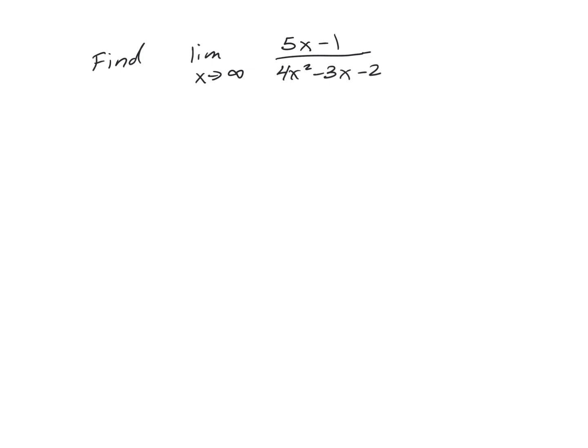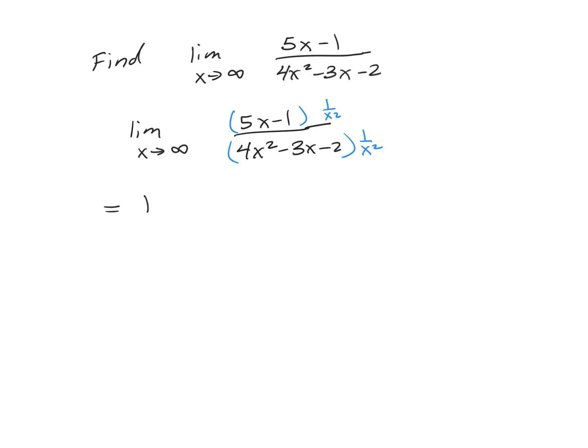So we're going to find the limit as x goes to infinity of 5x minus 1 over 4x squared minus 3x minus 2, and we're going to multiply the numerator and denominator by 1 over x squared, and then distribute that 1 over x squared to each of those terms.